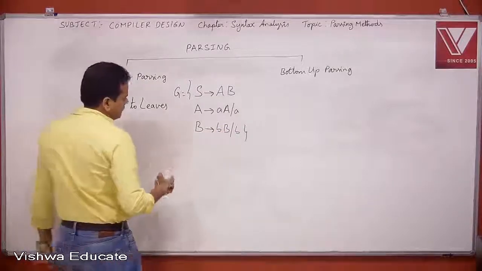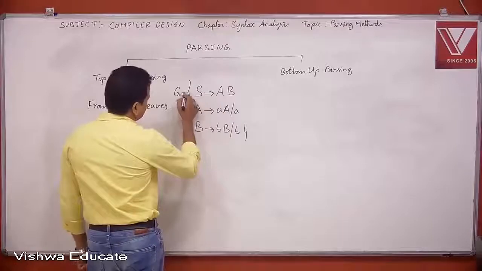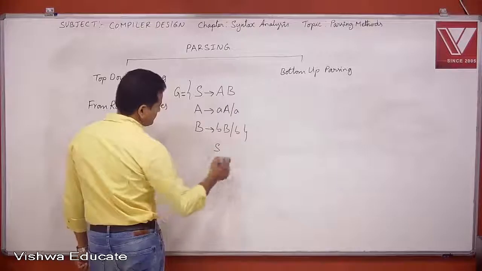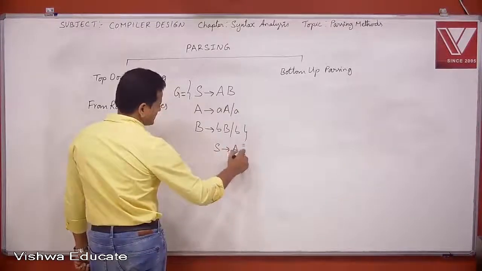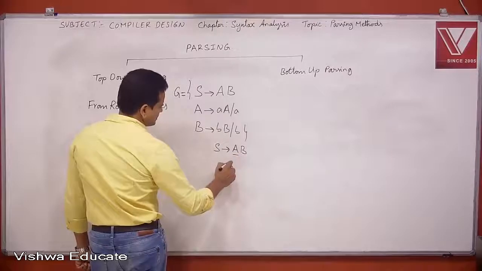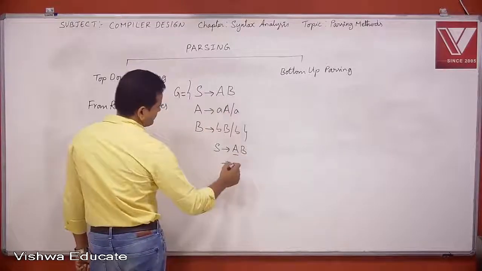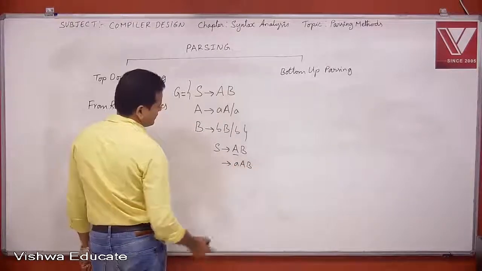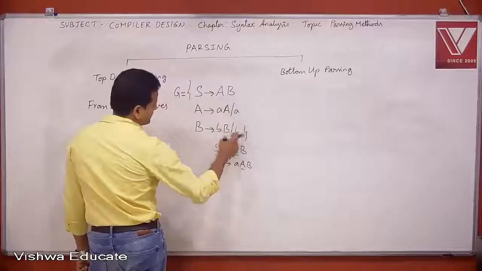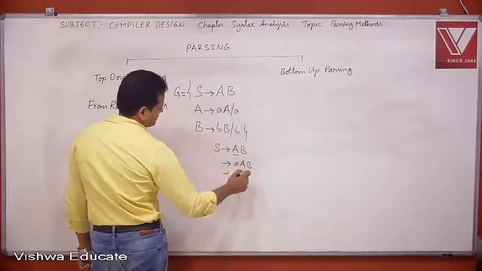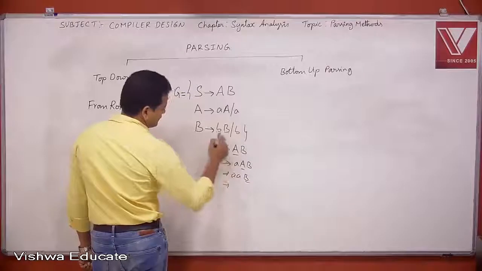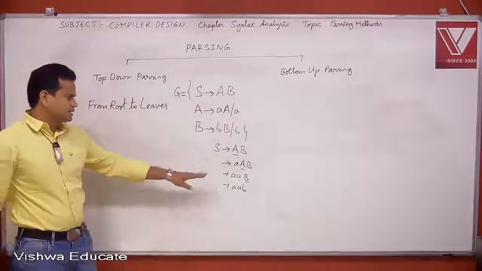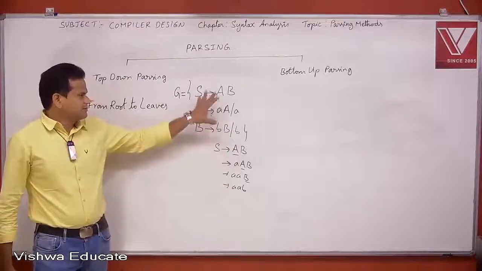From this grammar, I am deriving one string manually, which starts from S. S derives AB, and in A place we can go for AA or A. I am taking AA, and in A place again we can take AA or A. I am taking A, and in B place we can go for BB or B. I am taking B. So we derived AAB. AAB can be derived from this grammar.